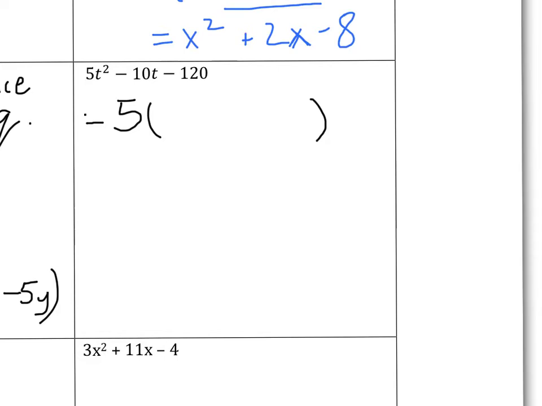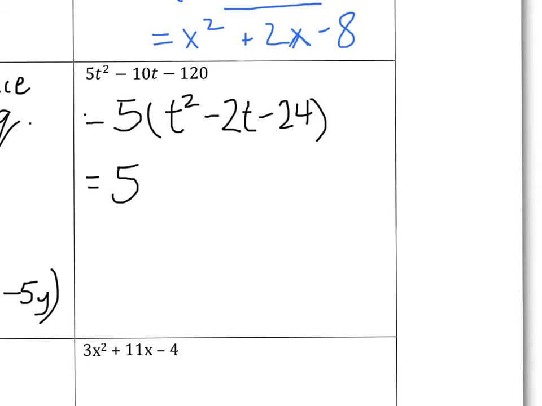So this gives me 5 times, let's see, 5 times t squared gives me 5t squared. 5 times negative 2t gives me negative 10t. And 5 times, oh, I got to think about this one, negative 24 gives me negative 120. You might need to do some rough work on the side for that one, if you can't do it in your head. Okay, now that I'm done pulling out the common factor, I'll leave it where it is.